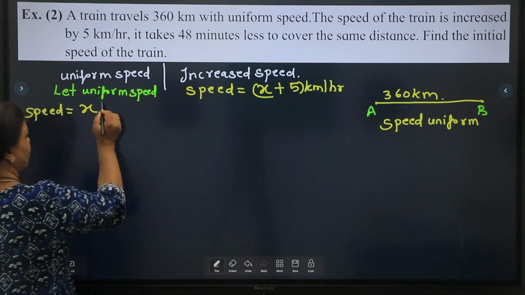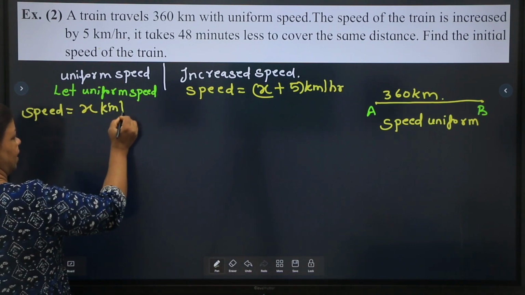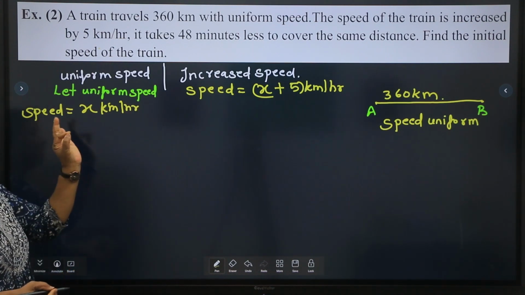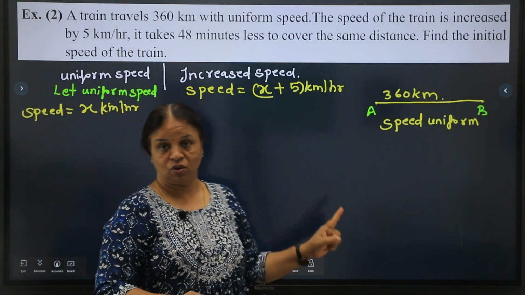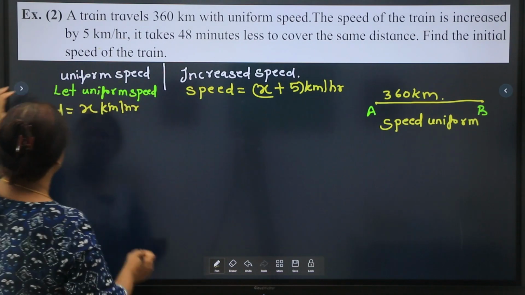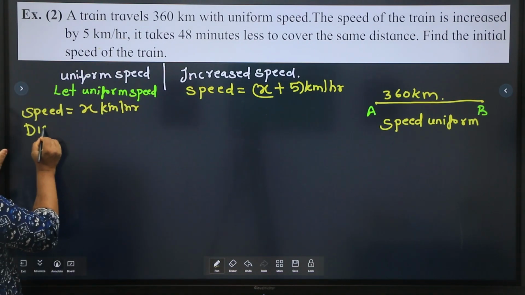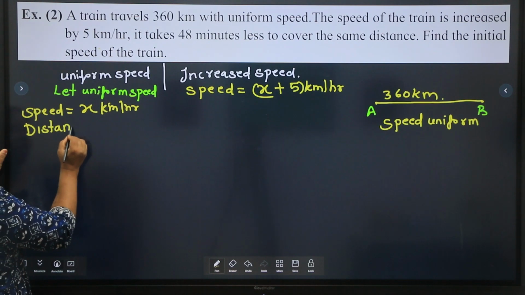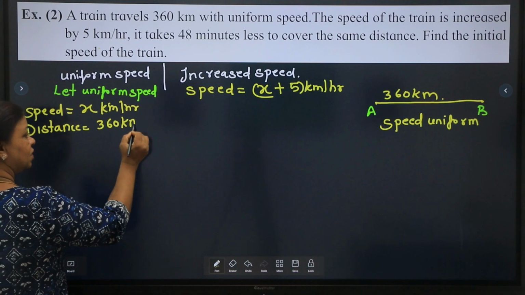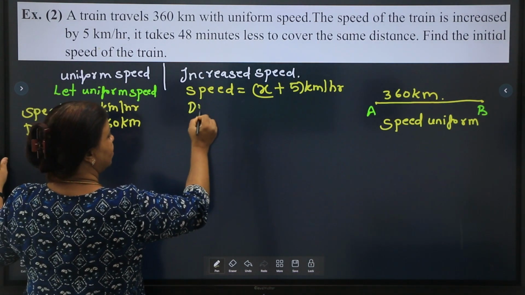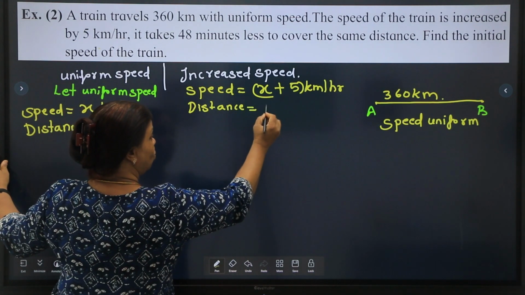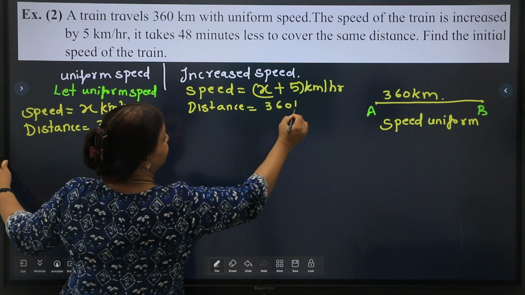The uniform speed is x km per hour, and if the train speed is increased by 5 km per hour, both times it is covering the same distance. The distance which it is covering with x km per hour is 360 km. Here also the distance covered by the train with the speed x plus 5 km is also 360 km.